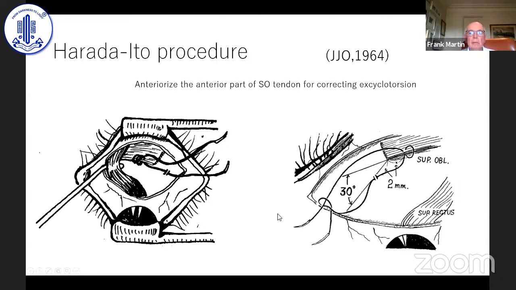This is a very popular procedure to correct cyclotorsion without changing the vertical deviation. It's named the Harada-Ito procedure, published in 1964. This procedure anteriorizes the anterior part of the superior oblique tendon for correcting cyclotorsion.